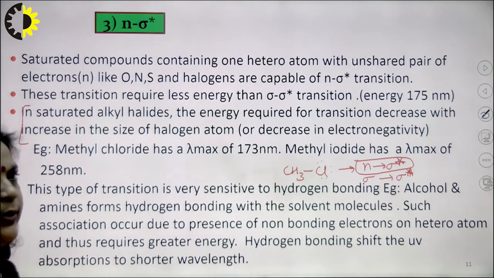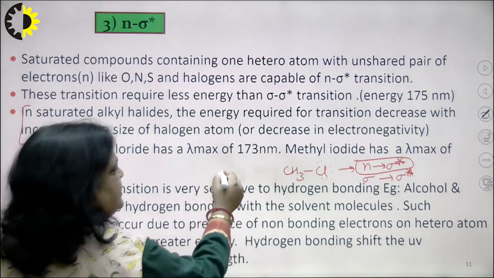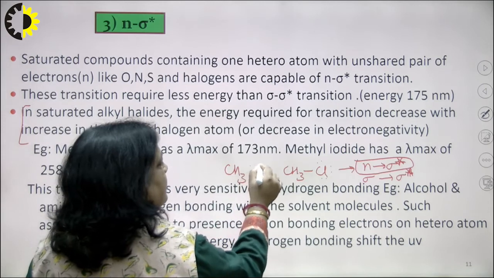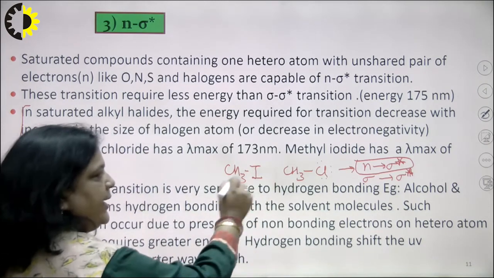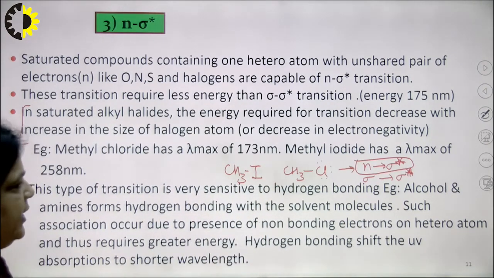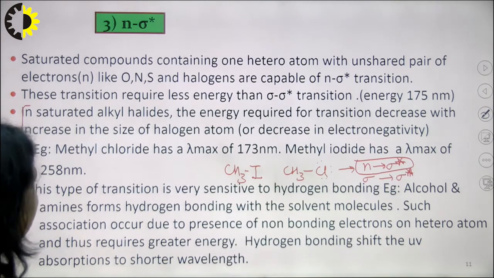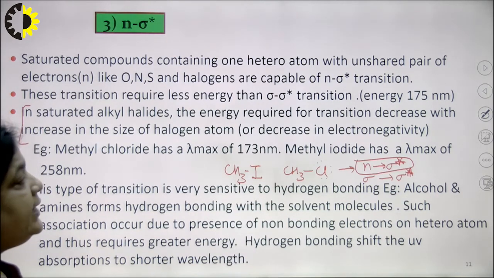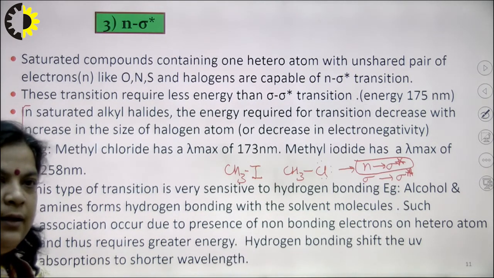In saturated alkyl halides, suppose CH3Cl and CH3I, both are halogens, but electronegativity decreases. The energy required for transition decreases with increase in size or decrease in electronegativity.